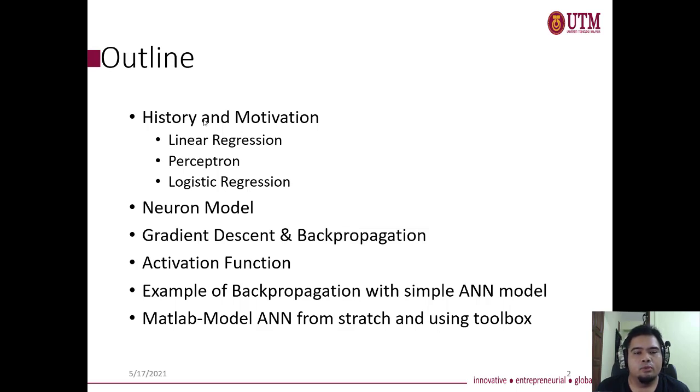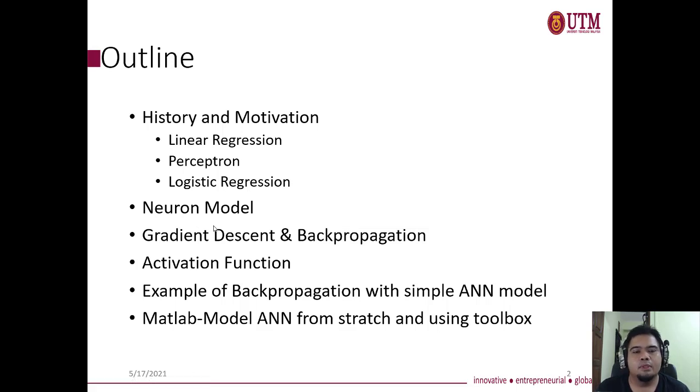And then the one that you might not be familiar with is the second one, which is called the Perceptron algorithm. And then we will talk about the neuron model, and then again we will stress the gradient descent. We already gave you some exposure to gradient descent in the previous lectures.